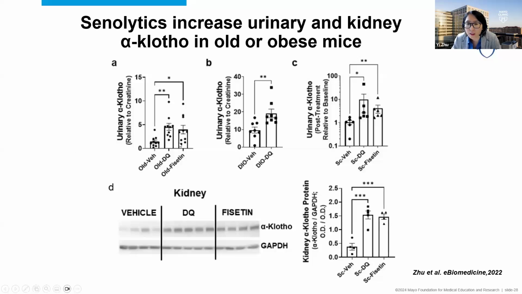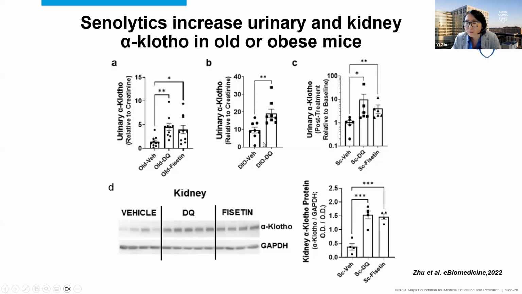As you can see here, after treatment with D plus Q or fisetin, and fisetin is another senolytic that we published a few years ago to target senescent endothelial cells, with these two different senolytics we see an increase of alpha-klotho in urine.